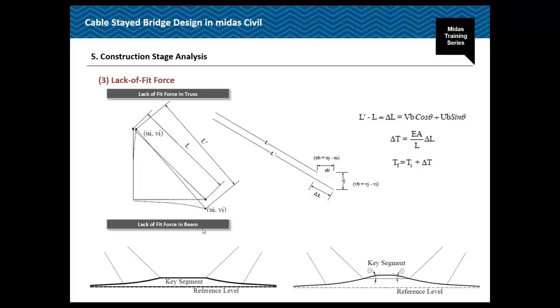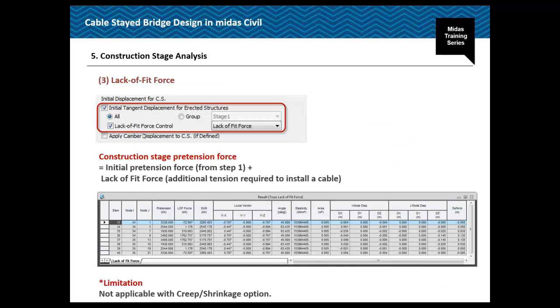So we have two different types of the Lego fit force, and they will be automatically calculated and applied in the program by checking on this option. So for applying this Lego fit force, we have to calculate the tangential displacement first by checking on this option.